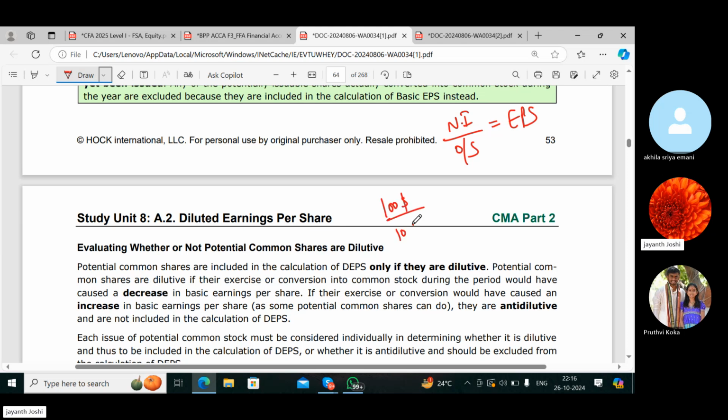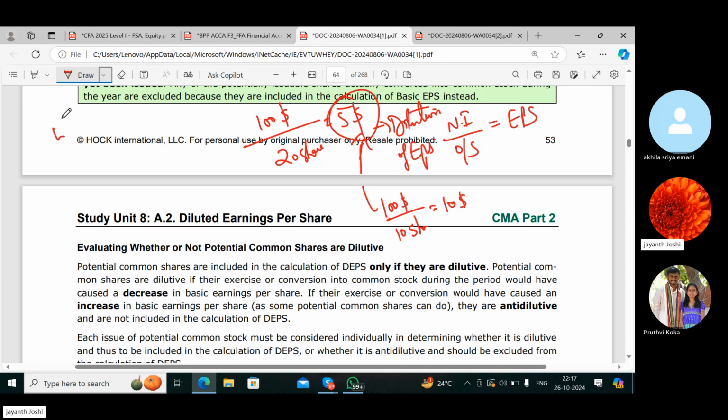Outstanding shares are 10 shares. So each one is getting $10. But now let's say $100 is my net income and there are 20 shareholders in my company. So each one will get $5. Is there a dilution of EPS or not? Yes. The dilution of EPS has happened because of what? The number of shares increasing in the company. So when outstanding shares increase, people get less income.